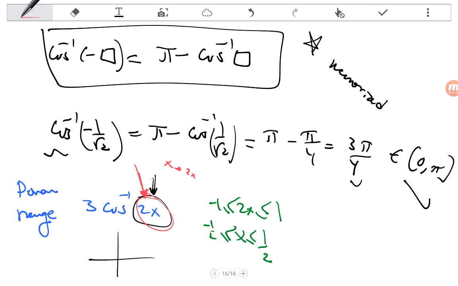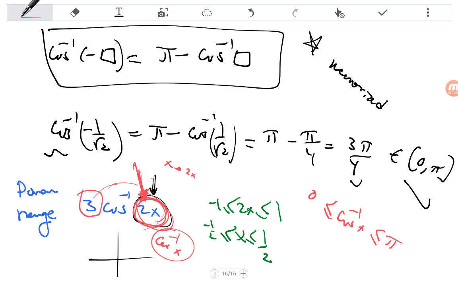It doesn't matter, because it doesn't change the range. If you make any transformation on the x, does it change the range? No. So whenever I have 2x, or any transformation of x, I know the range will not change from the range of cosine inverse x, which is always from 0 to pi.